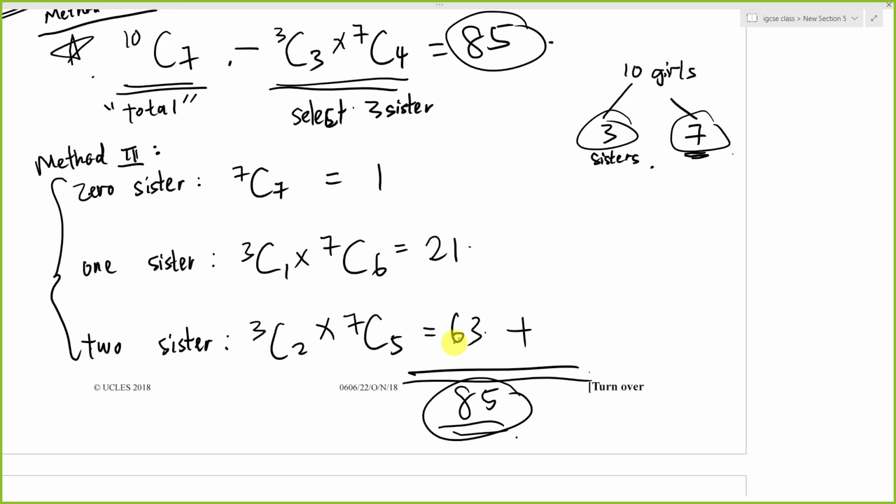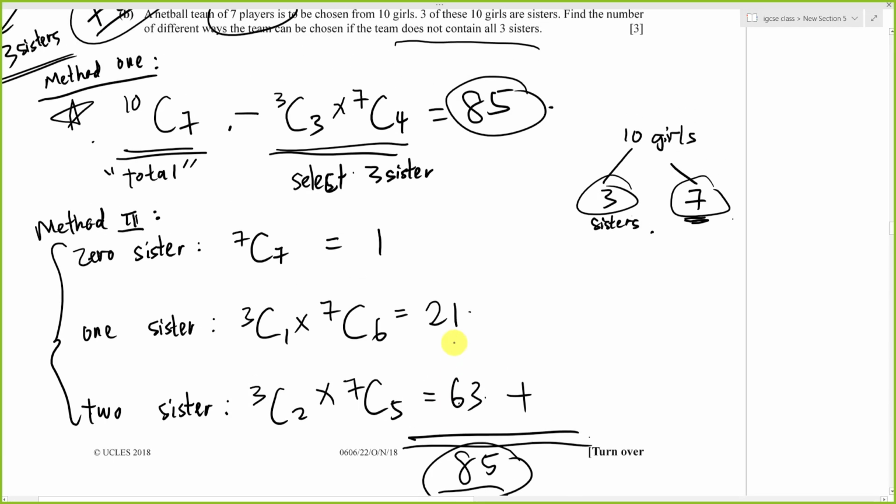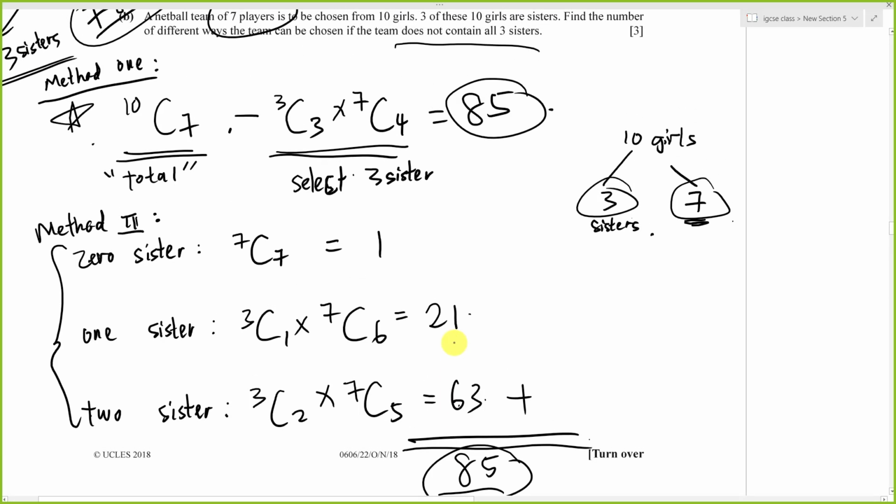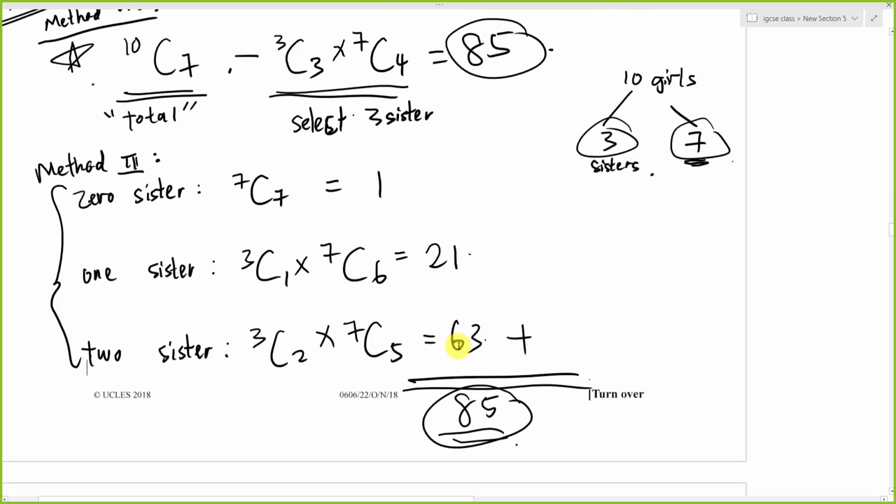That means it's still okay. But I will always prefer you to use the minus method. Actually, it will be faster if you can understand. Or if you can't, then go ahead and do the second method, because the second method seems more clear to some students. So just depend on which type you like. Both are fine.